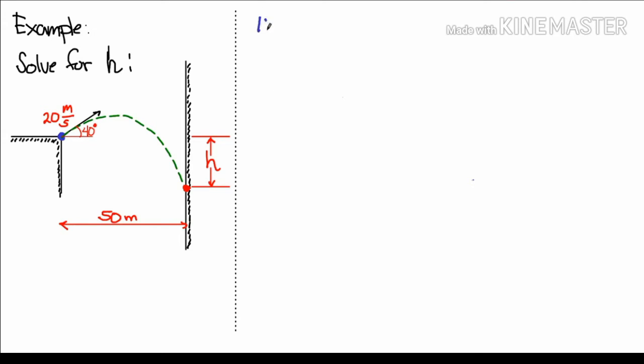First, we will create an equation for horizontal motion. Vx is the x component of the initial velocity, so that's 20 cosine 40. This is the Vix, the initial velocity in x direction.